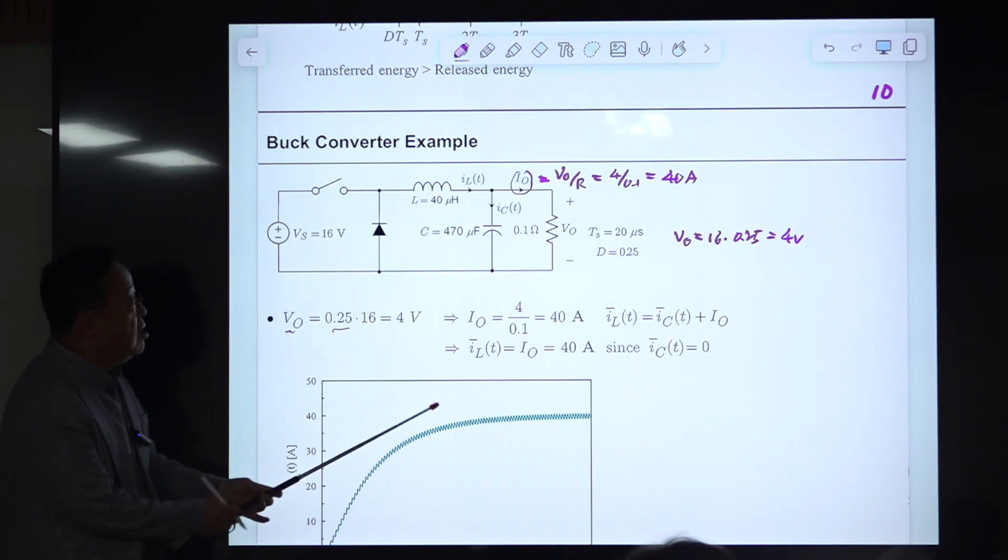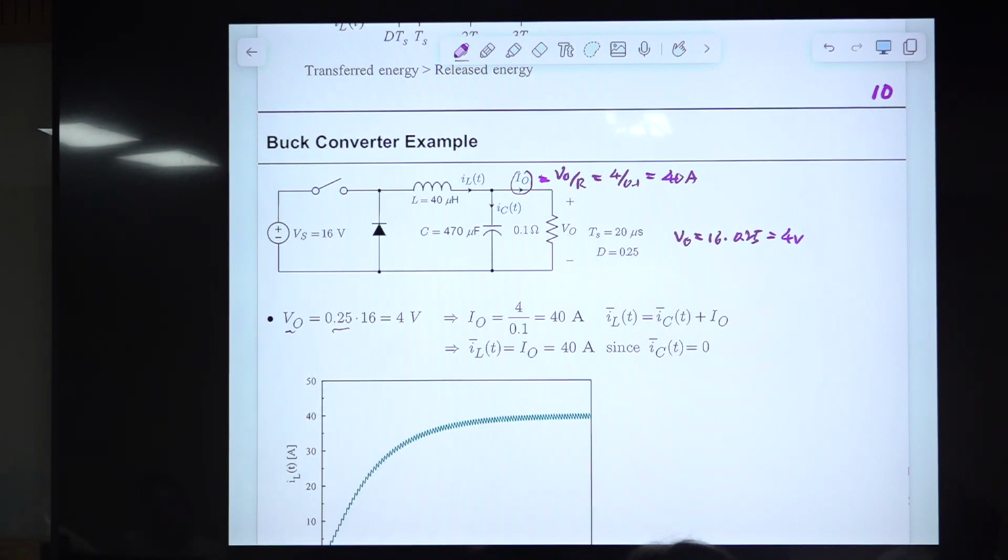Why is that? This is point A. At point A, IL equals IC plus IO.